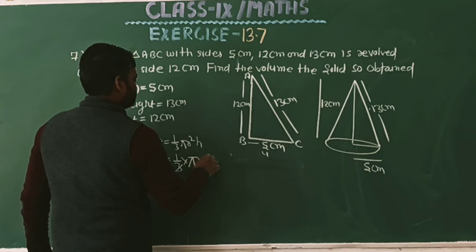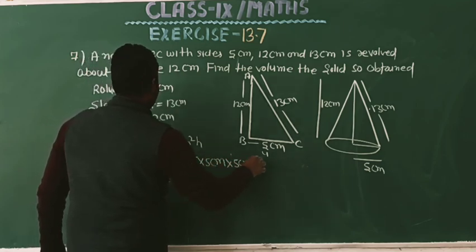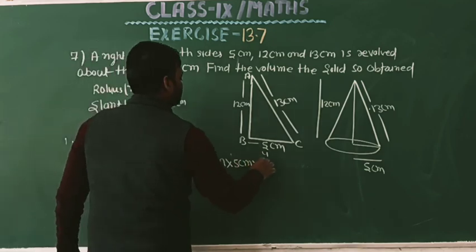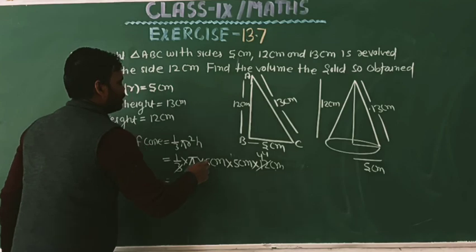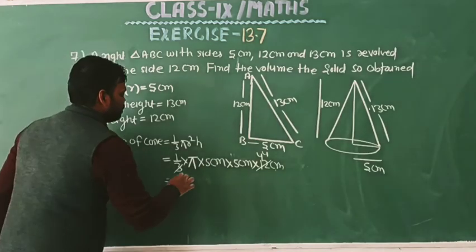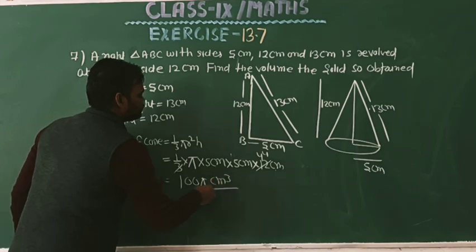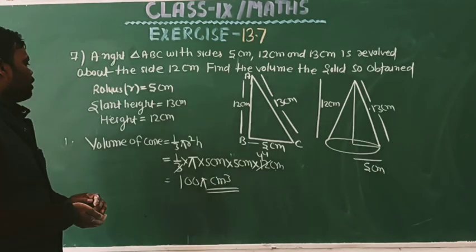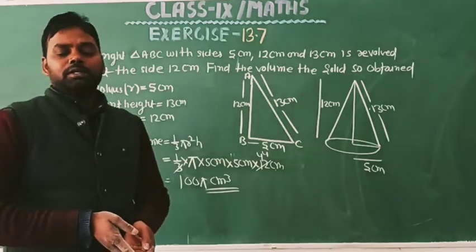So pi into 5 centimeter into 5 centimeter, and height is 12. So 3 4s are 12. Now multiply 5 by 5 into 4. So we get 100 pi centimeter cube. This is the required volume of the solid so obtained, this cone, 100 pi centimeter cube.